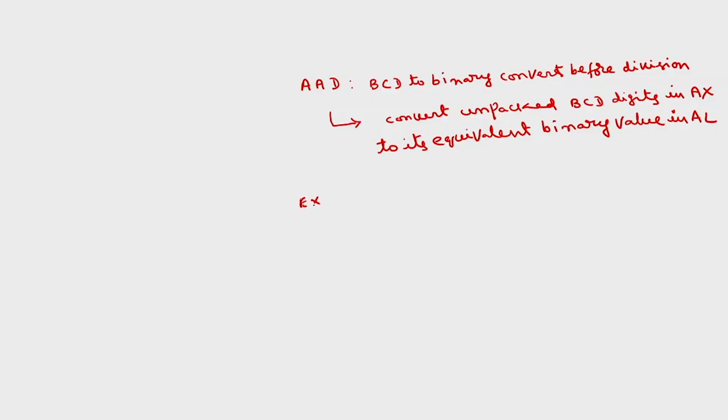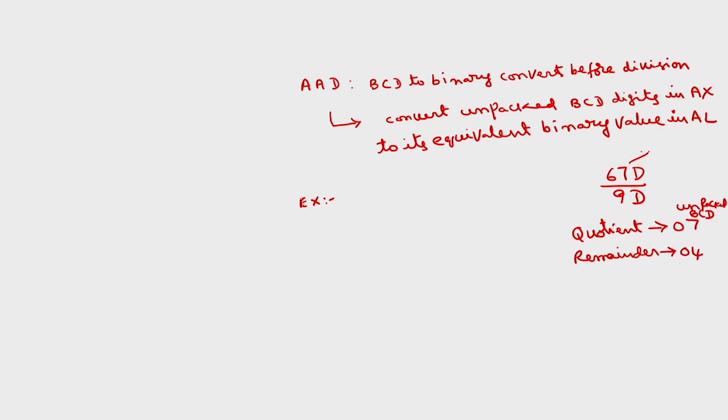If I give an example, this will be clear. Suppose you want to divide 67 decimal by 9 decimal. What is the expected quotient and remainder? The quotient will be 07 in unpacked BCD, and the remainder should be 04.